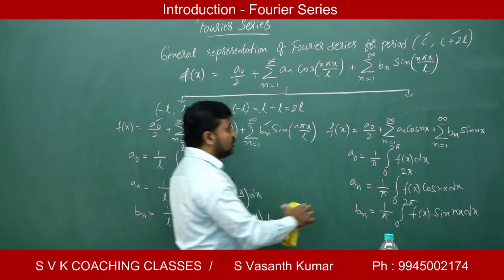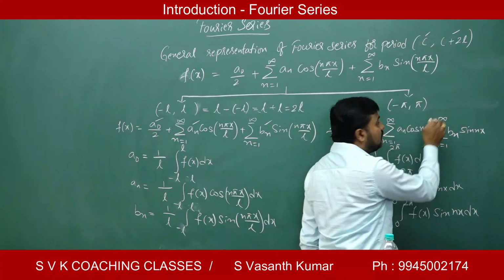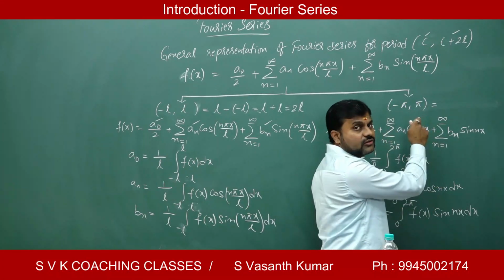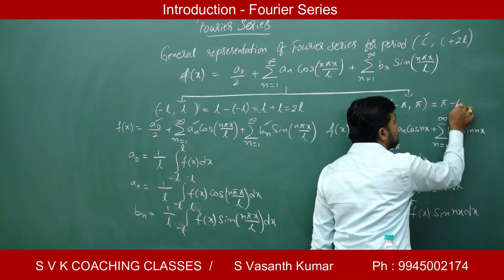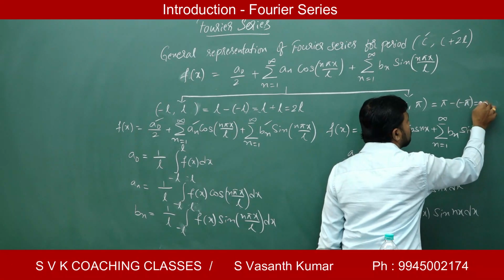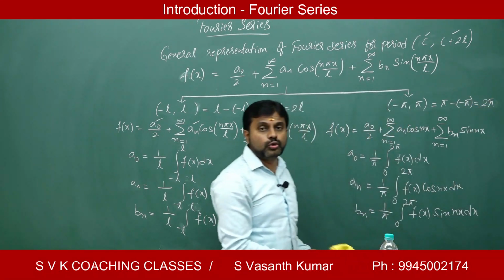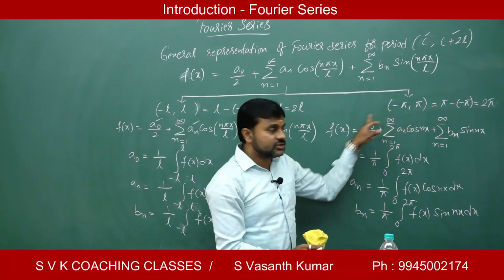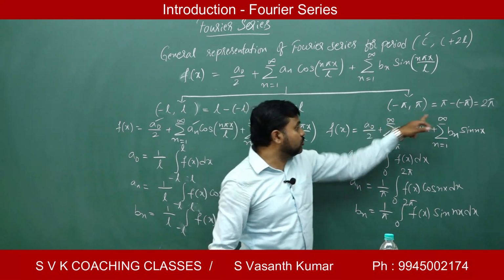Similarly, we can also consider the interval minus pi to pi. We can check the periodicity: upper limit pi minus minus pi is pi plus pi, which becomes 2 pi. It is a period 2 pi, so again the same Fourier series expansion formula for period 2 pi.